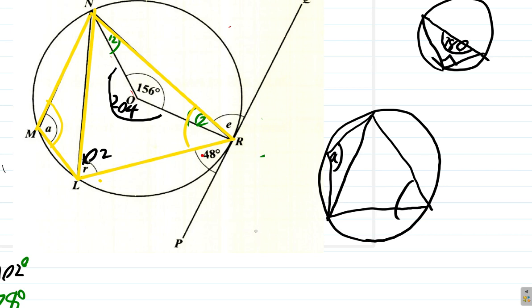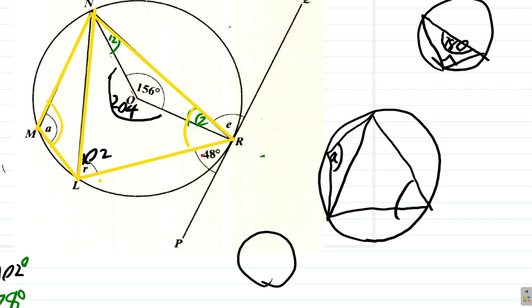Now the thing is this: when you have the same chord where two angles lie on it in the alternate segment, those angles at the circumference in the alternate segment, they add up to 180.